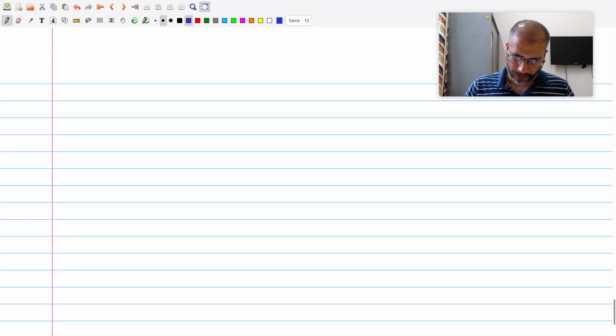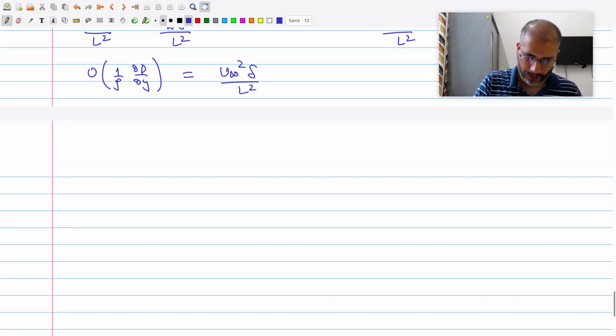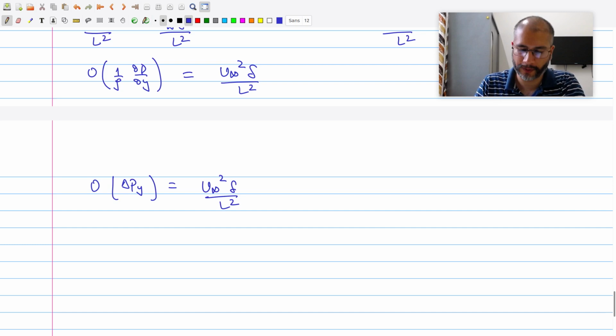So let's simplify this a bit further. Taking the right hand side, delta p in the y direction is u infinity squared delta upon L squared, and then we have a delta coming from this del y, so this becomes delta squared, and then we have a rho.